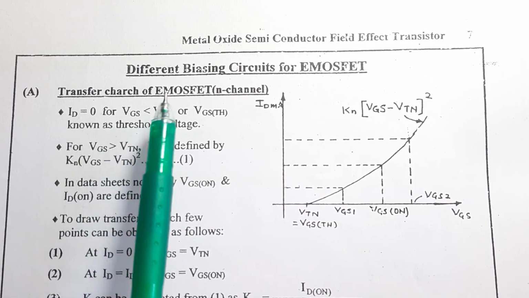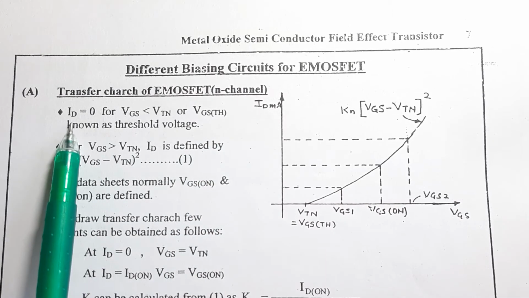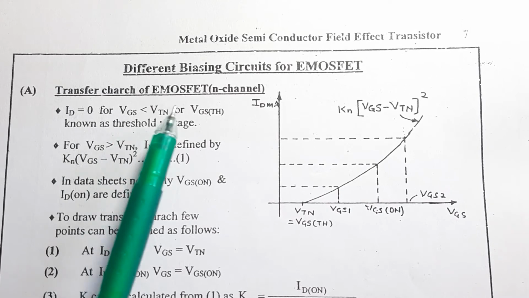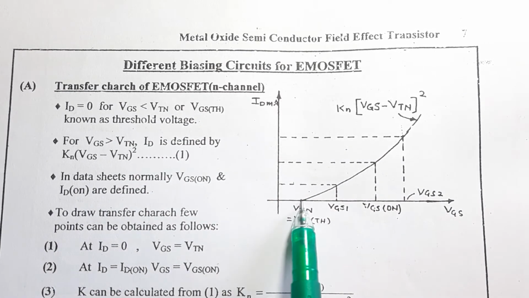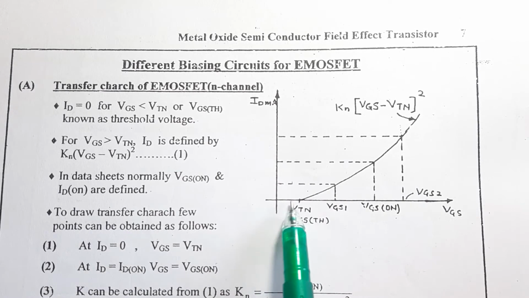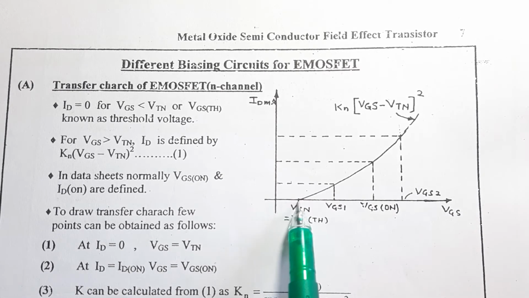Now, the transfer characteristics of the E-MOSFET, that is the N channel, is given as ID equals 0 for VGS less than or equal to VT, which means from this point to this point, when VGS was less than VTN, the current was 0. This VGS(th) is also known as the threshold voltage.